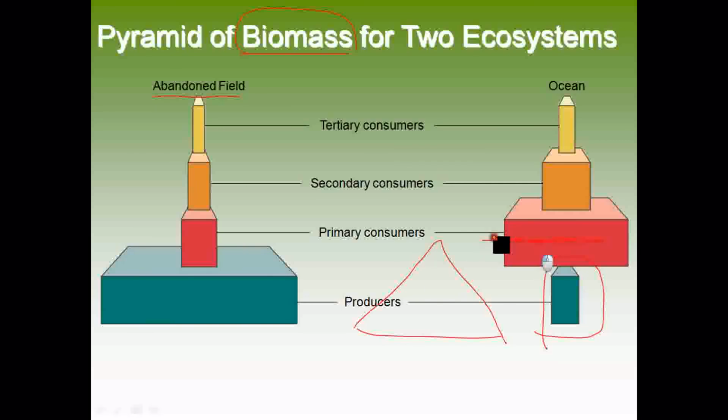So the primary consumer part of this pyramid is higher. So I just wanted to point out to you that there can be exceptions to the rule, but you've got to remember that 90-10 thing.